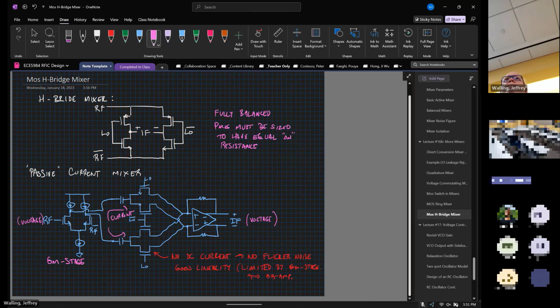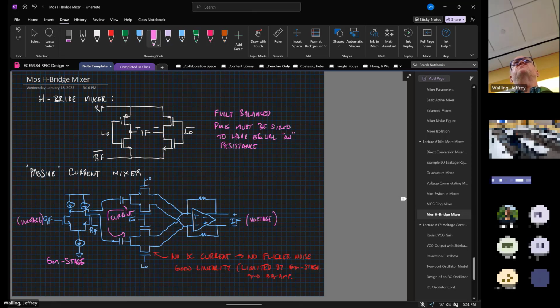So the no DC current, does that also apply for the voltage mode passive? Because we don't have a DC tank? Yeah, anytime that we're not biasing the current to be on and conducting current, we don't have flicker noise.